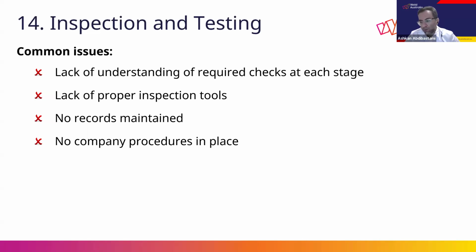Others are insufficient inspection tools, no record being maintained, and lack of company procedures, because the company procedure is the basis to define what you need to do, for example, what your internal inspector needs to do. So your internal inspector can go to that company procedure and see the details: what's the reference standard, what's the test standard, to make sure everything is done properly.